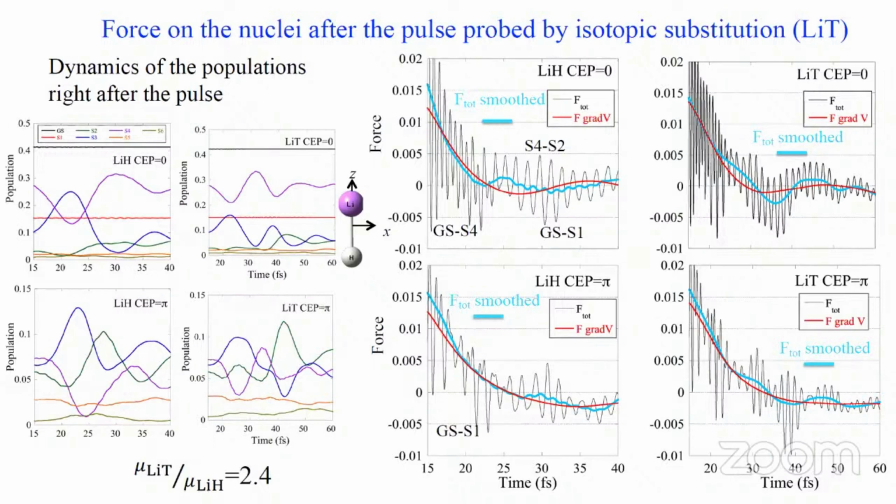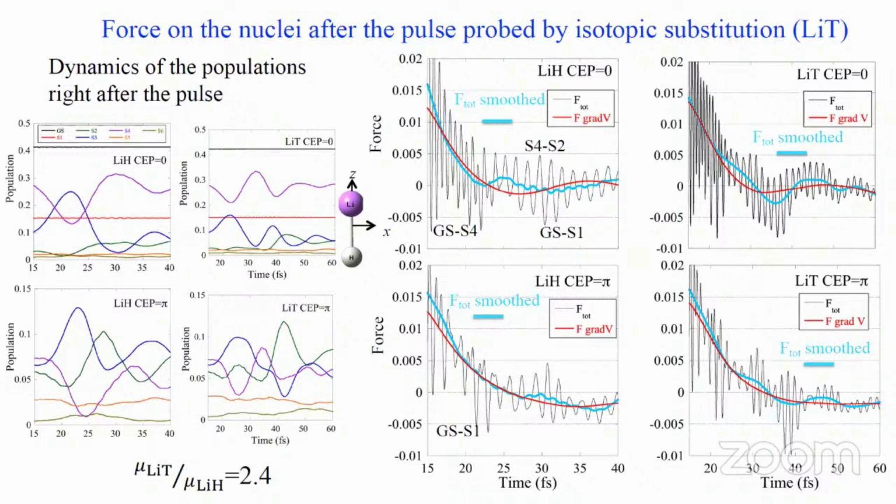And how it can probe the force on the nuclei. So here I report the dynamics of the population for LiT for CEP equals 0 and CEP equal pi. You first see that we have very different dynamics right after the pulse for the two CEPs, but also very different when you have an isotopic substitution.